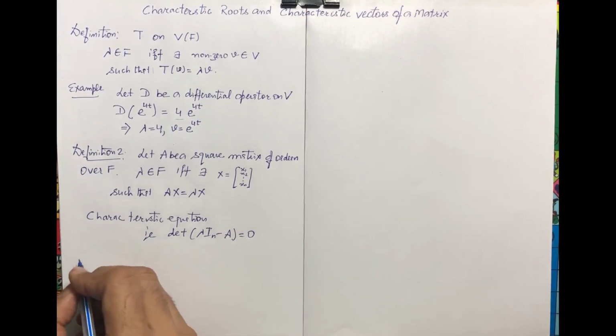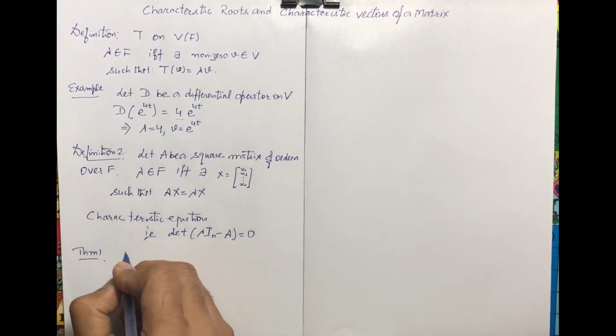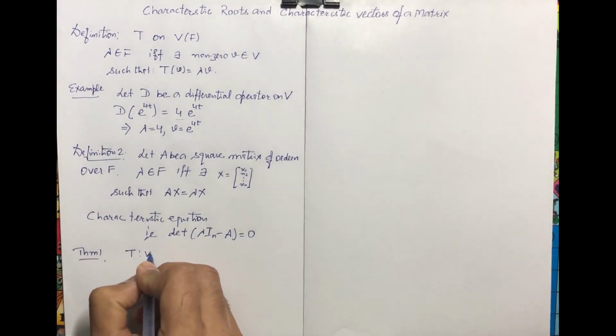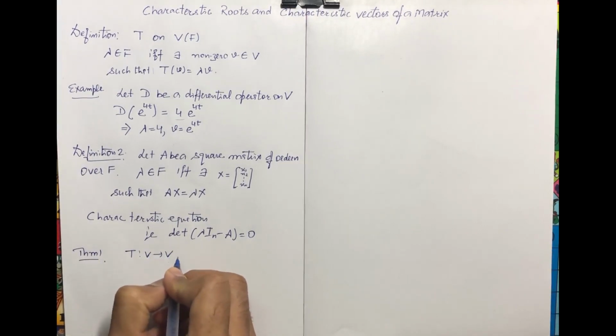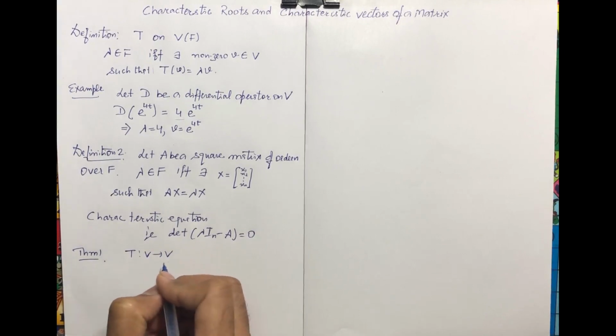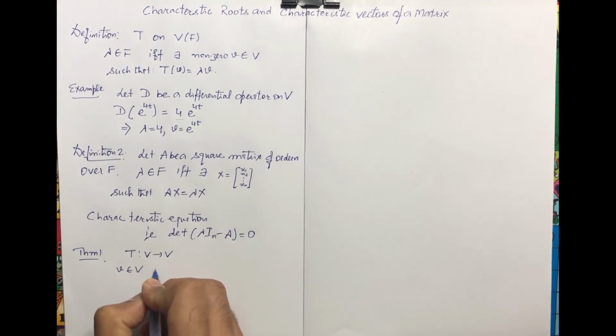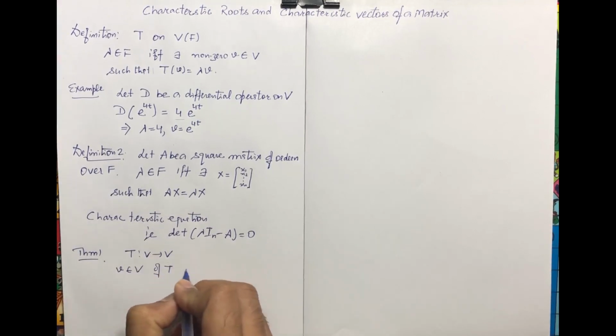Now, first theorem. If T is a linear operator from V to V on a finite dimensional vector space, then every eigenvector of T has a unique eigenvalue.